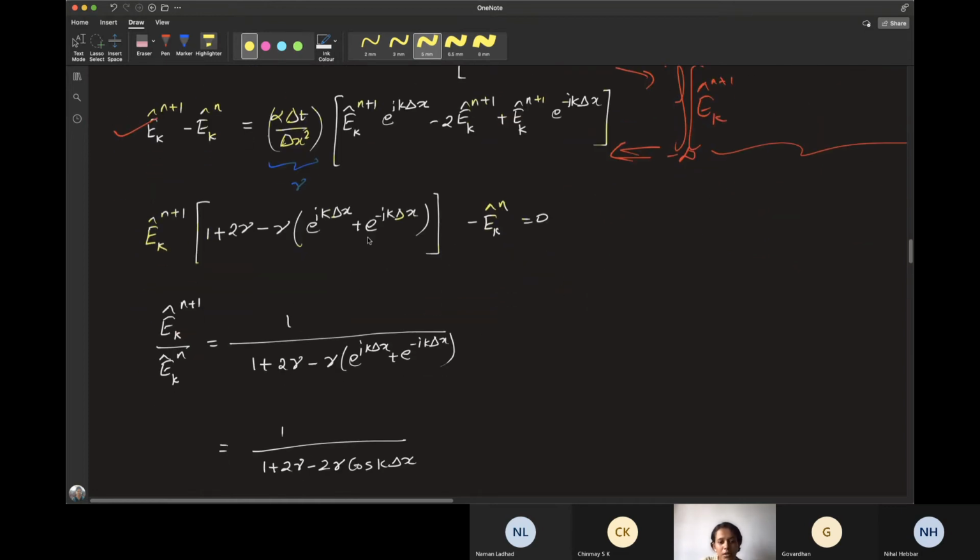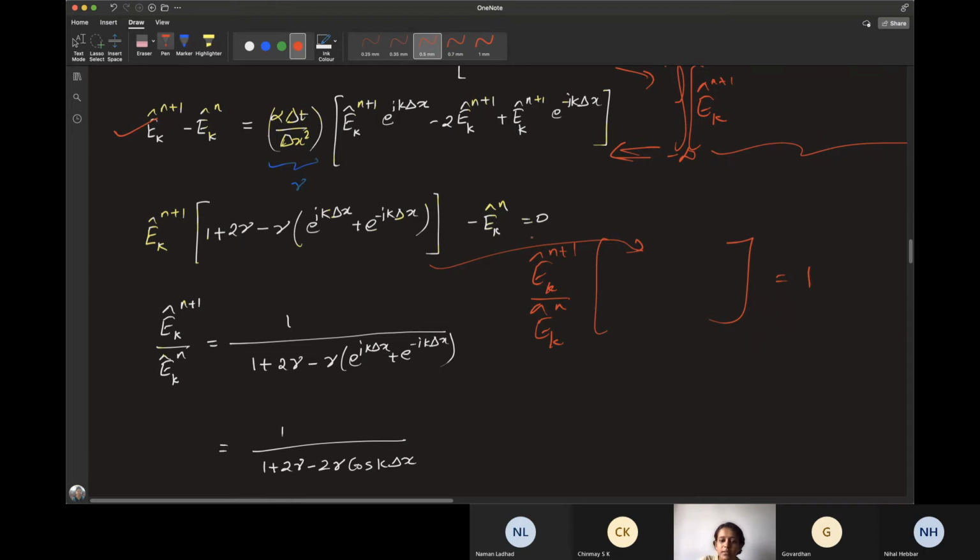So now this is the amplitude ratio. To obtain the amplitude ratio, you divide this equation by the error at n. So you'll have e cap n plus 1 by e cap n, times the same quantity that's over there, equals 1. We will have minus 1 equals 0, so that will be 1.